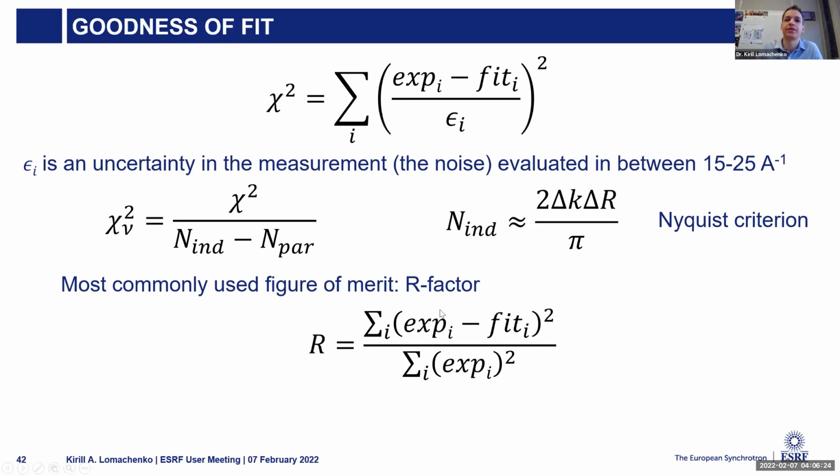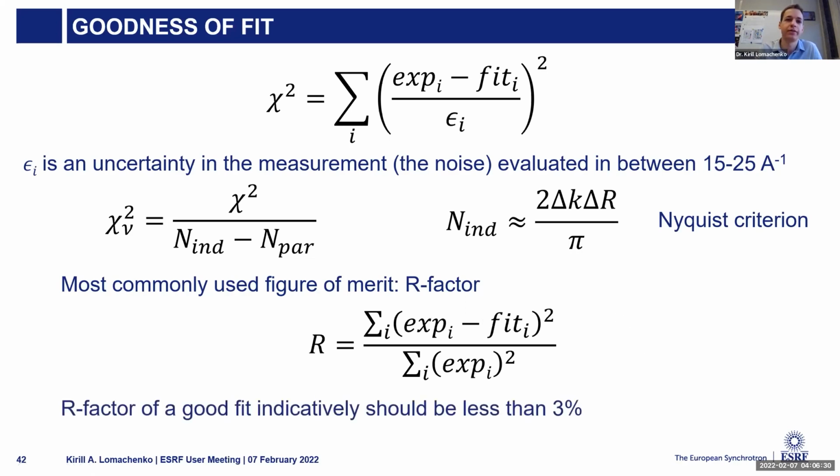It's reported like this. Usually, if your R factor is higher than 3%, that means that there is most probably something wrong. So a good fit should have an R factor at least lower than 3%, better lower than 1%. But if it's higher than 3, then most probably the fit is not good.